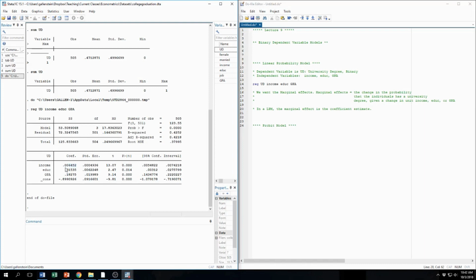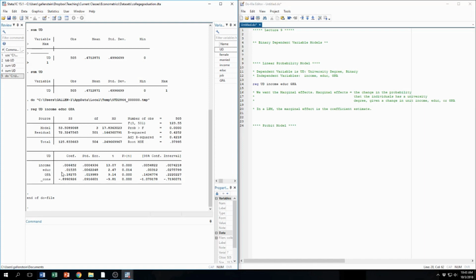So whenever you're reading something in probabilities, you move the decimal 2 places. So the way that I would interpret this is that a $1,000 increase in parents' annual income increases the probability that a student will have a university degree by 0.6%.